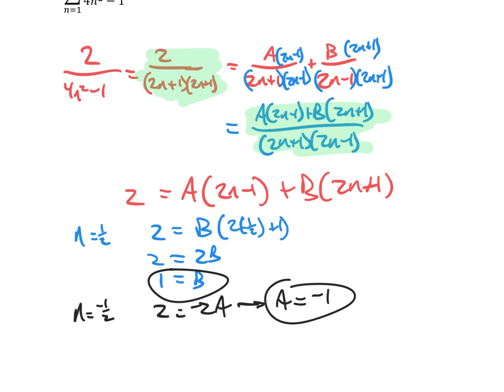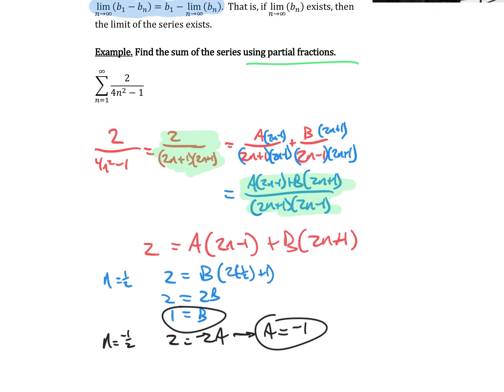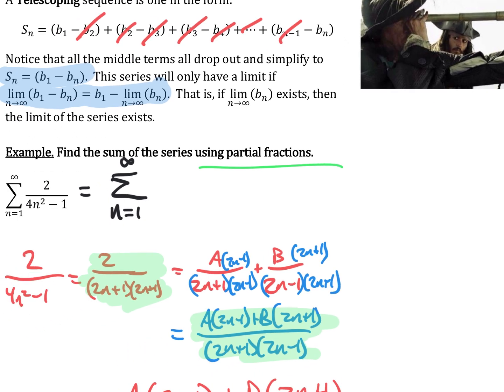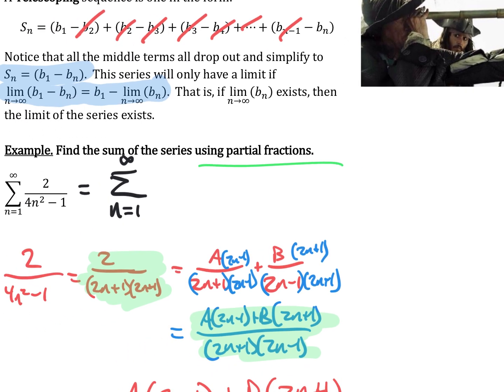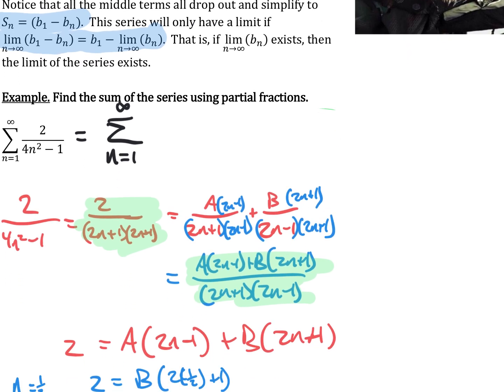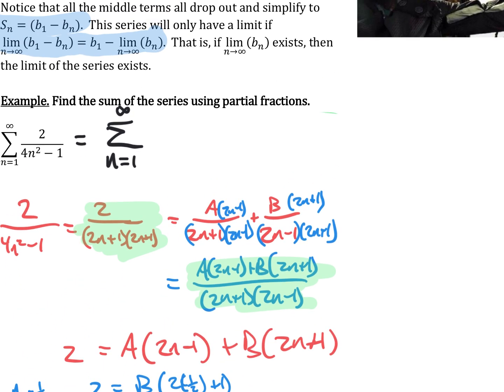So all that to say, this summation from 1 to infinity is the same as these two fractions, where we put negative 1 in for A and 1 in for B. I'm going to flip it while I'm at it. The B value, which was positive 1, is 1 over 2n minus 1, because that's the way I set my B up.